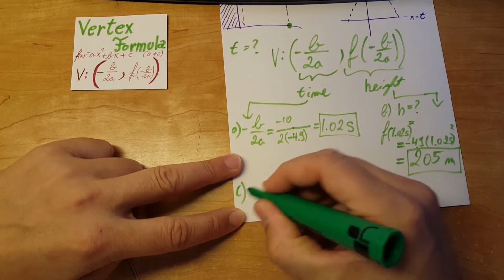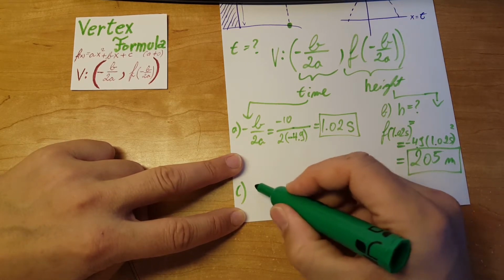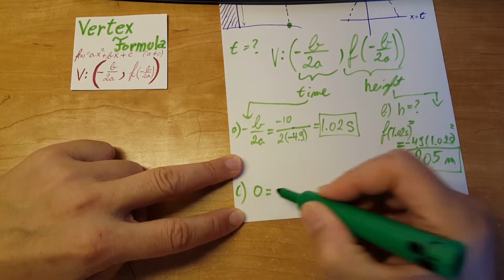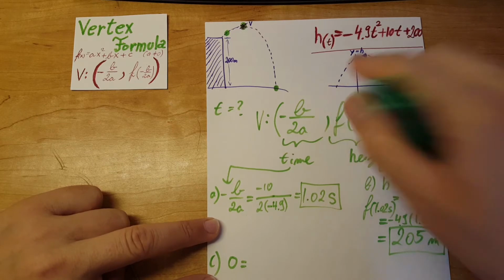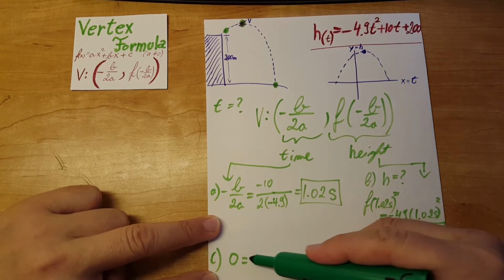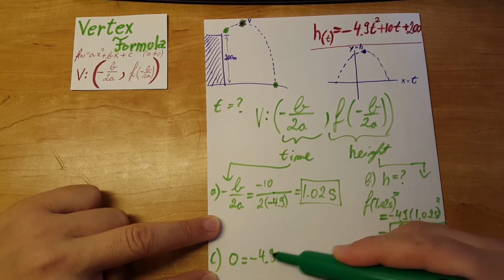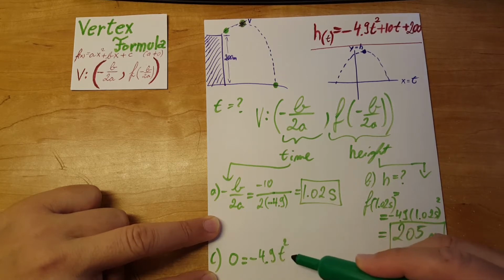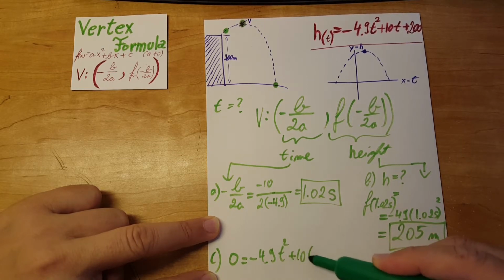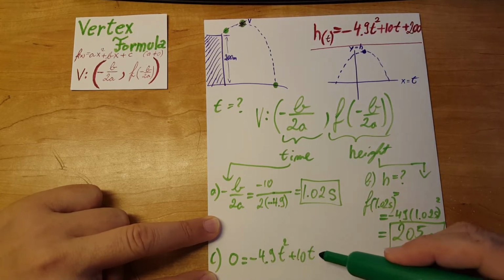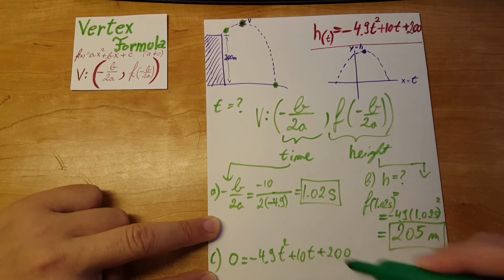So we will take 0 equal to the whole function, negative 4.9 t squared plus 10 t plus 200.